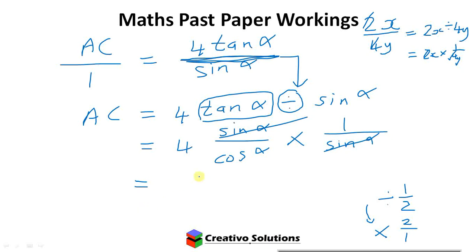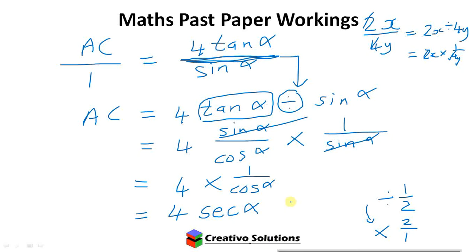Okay, so we cancelled. Next step, 4 times 1 over cos. Is 1 over cos an identity? Yes. 1 over cos is the same as sec. Because we cancelled them, so sine there. So 4 times 1 over cos, so 1 over cos is sec.